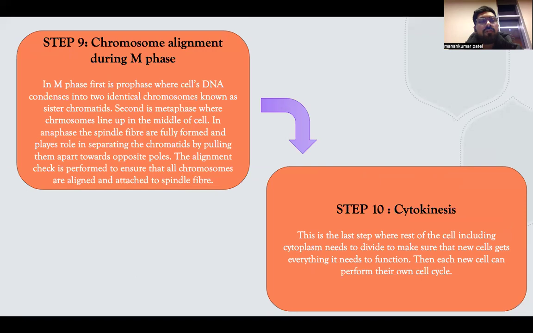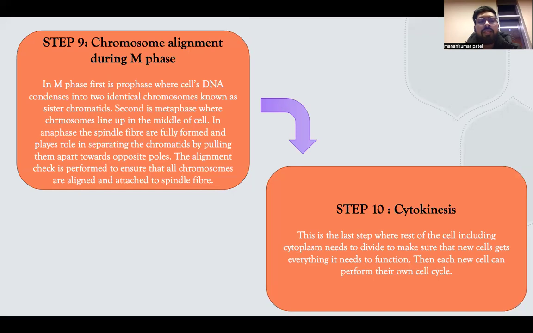So as I was talking, the first phase is prophase, where the cell DNA condenses into two identical chromosomes known as sister chromatids. Second is metaphase, where chromosomes line up in the middle of the cell. In anaphase, the spindle fibers are fully formed and play a role in separating the chromatids by pulling them apart towards opposite poles.